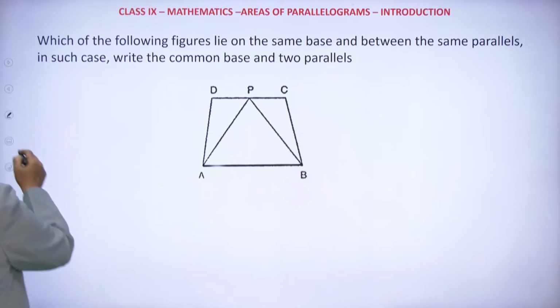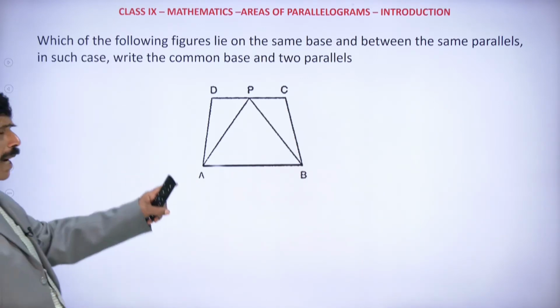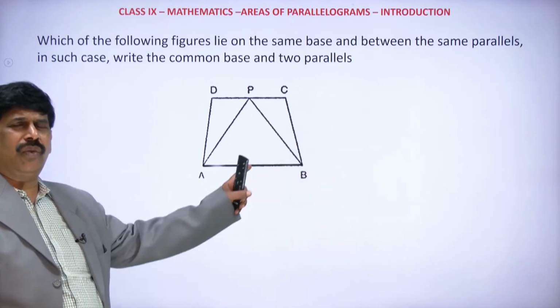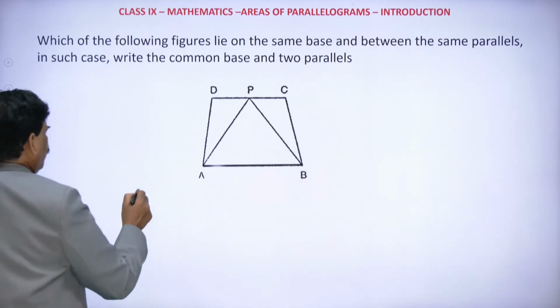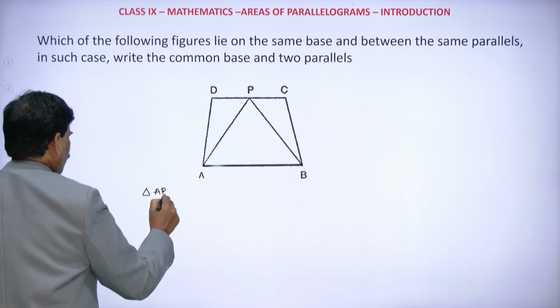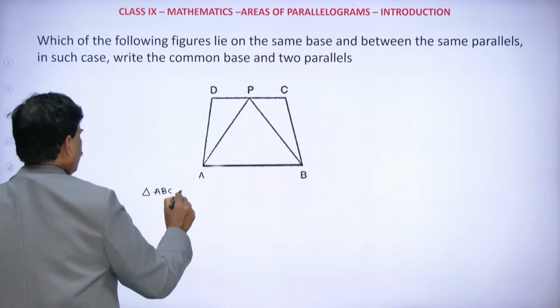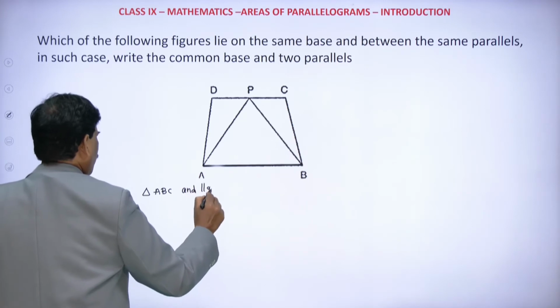You are seeing one parallelogram as well as one triangle here. Clear? So triangle ABC is one figure, and you are also seeing a parallelogram ABCD.